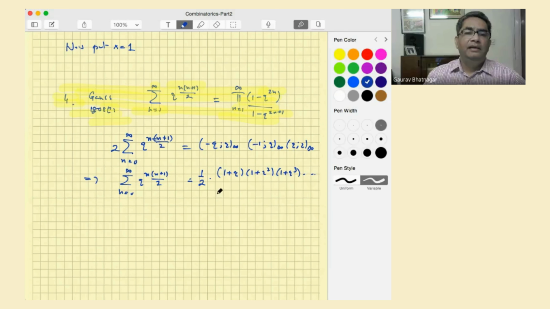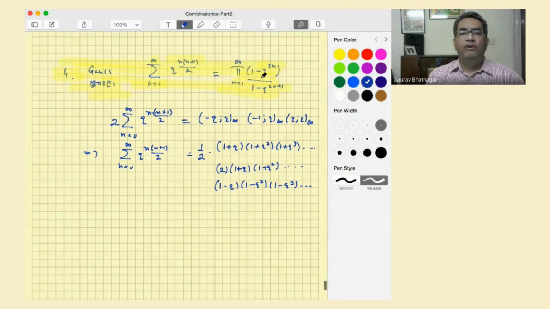Blah, blah, blah. This one is 2, 1 plus q square. So 1 plus q, 1 plus, so first term is 1 plus 1, which is 2, and so on. So same as whatever this guy was there. And this is q infinity, which is 1 minus q square.